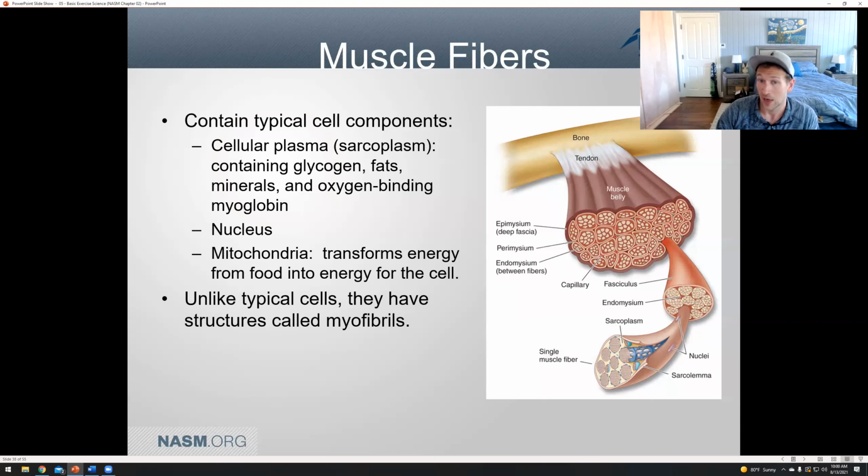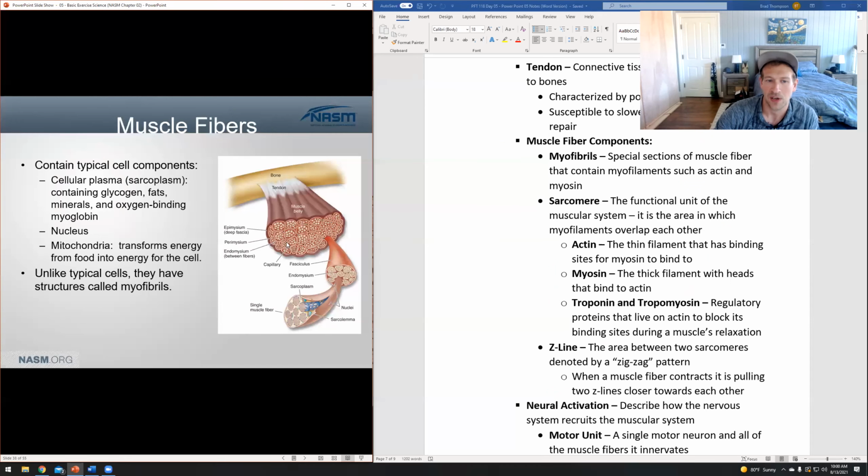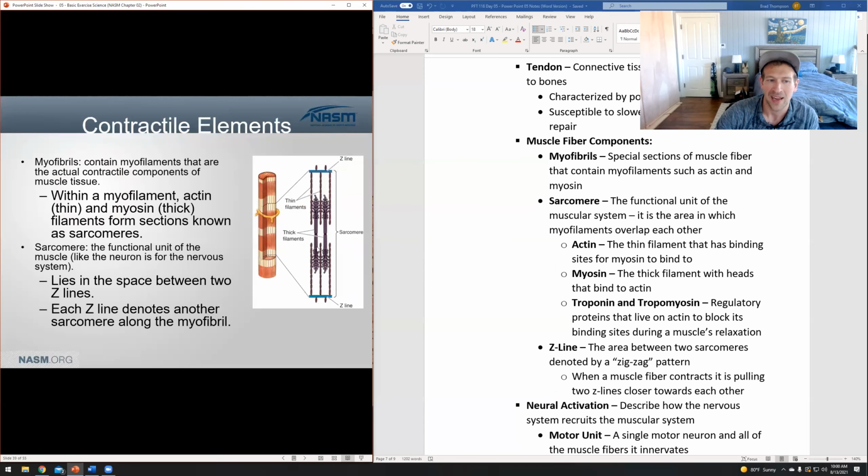That's one of the reasons why exercise translates into muscular growth. And then you can see mitochondria. Mitochondria, the little powerhouses of the cell, take chemical energy and turn it into energy to keep your cells alive.